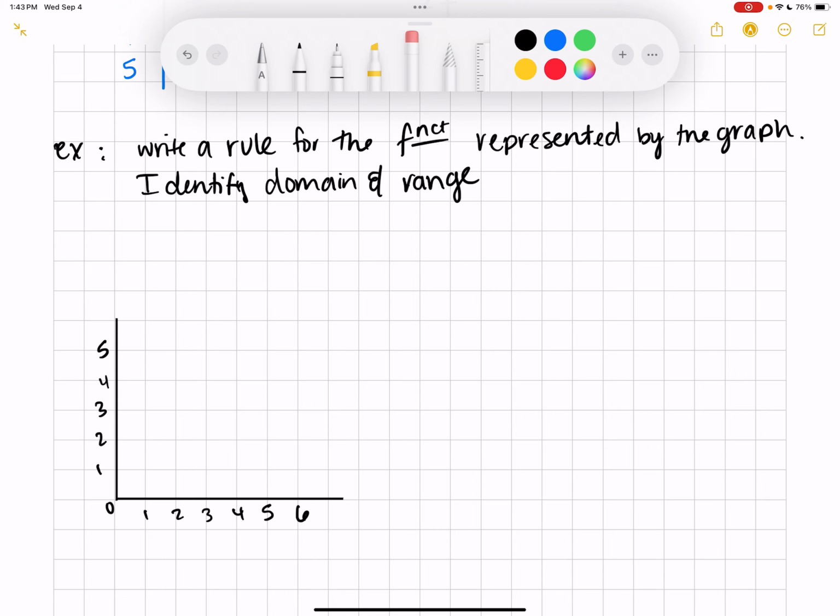Then the points that they give us, got one here, one there. So that's what it looks like with what they gave me.